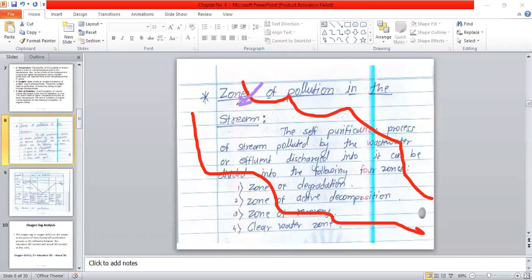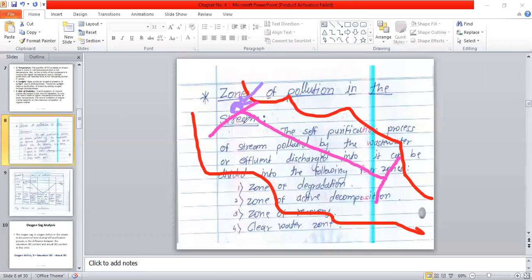Okay, this is the spot where you are disposing of sewage. Now when it is disposed from this spot, from this spot to this spot, suppose this much area has been consumed by the wastewater to get self-purified.